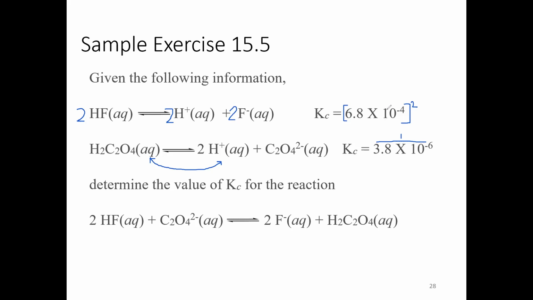But when we take the equilibrium constant now and multiply those together, we'll have 6.8 times 10 to the negative 4th, and then we'll square that one. And then we'll have the inverse of 3.8 times 10 to the negative 6th.